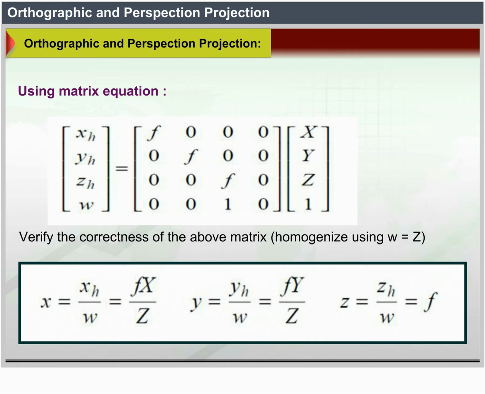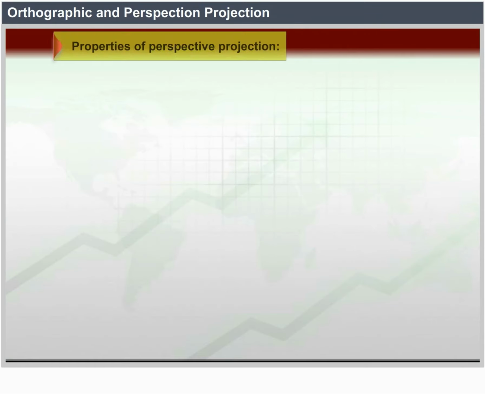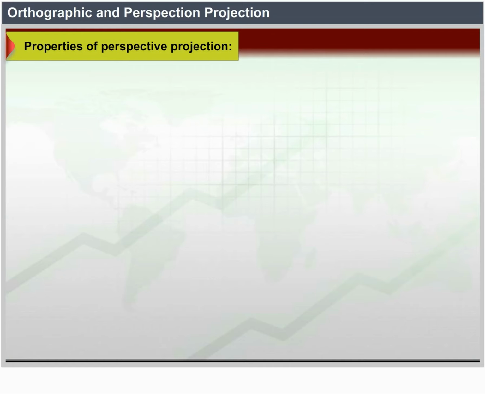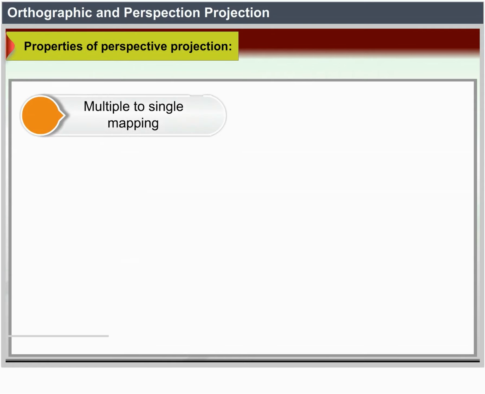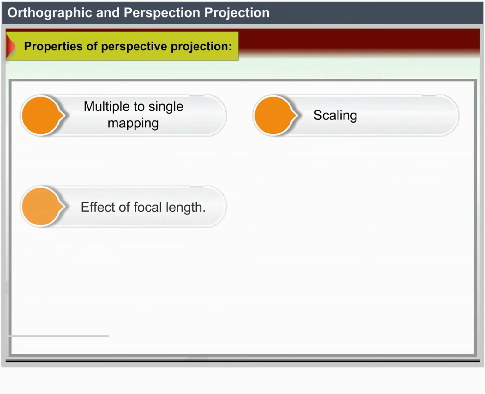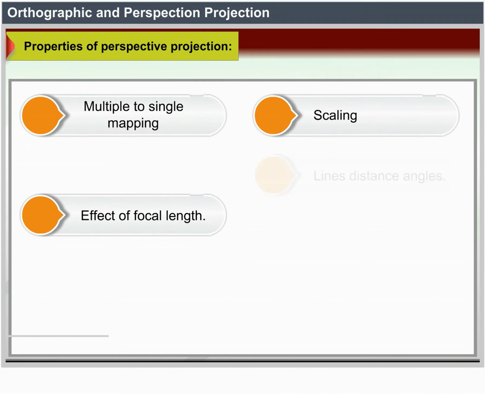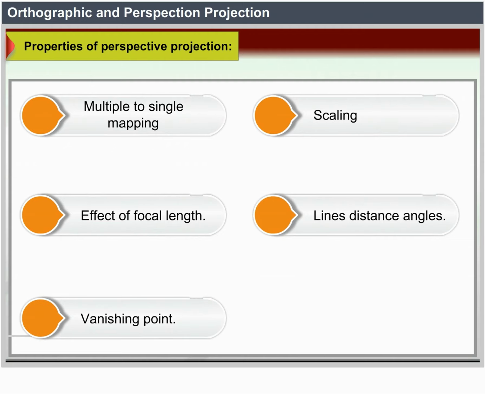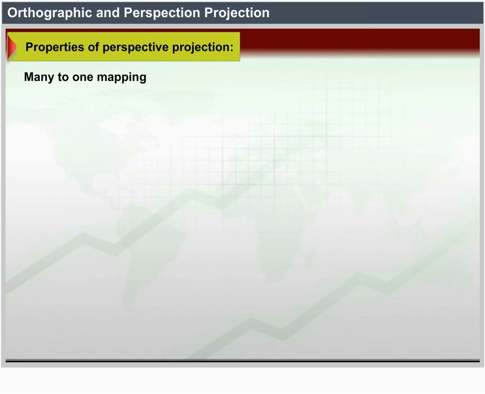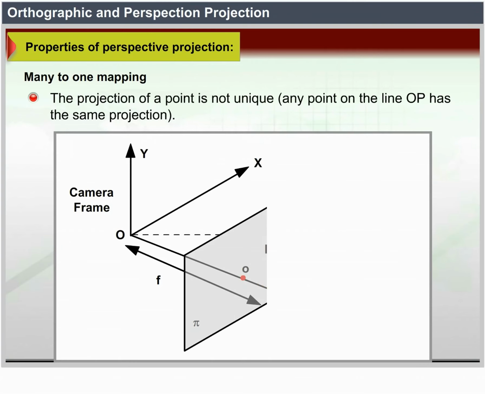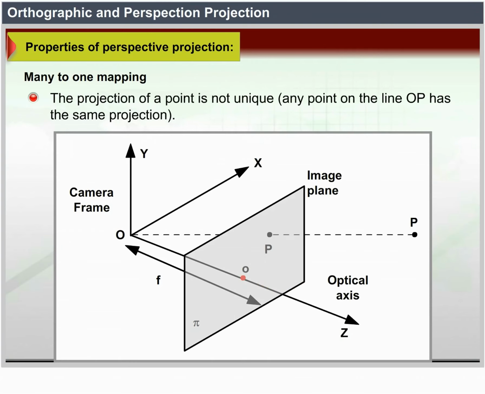Properties of perspective projection: many-to-one mapping, scaling, effect of focal length, lines, distances, angles, vanishing point, vanishing line. Many-to-one mapping: the projection of a point is not unique. Any point on the line OP has the same projection.